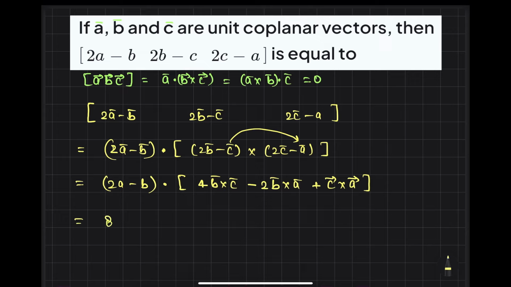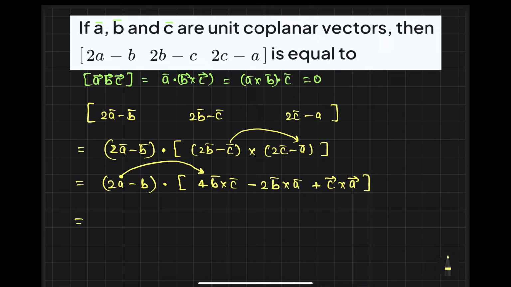So it is 8 times a dot b cross c, first component. Then don't you think that a dot b cross c is 0, so the first part will become 0, correct? So if we go with this, it will become 0.